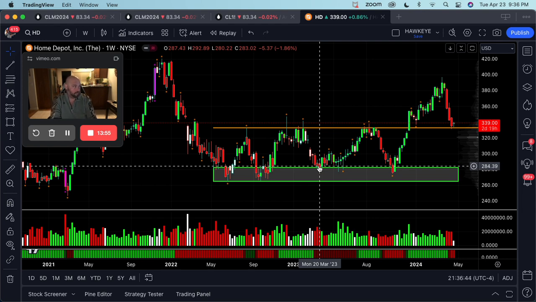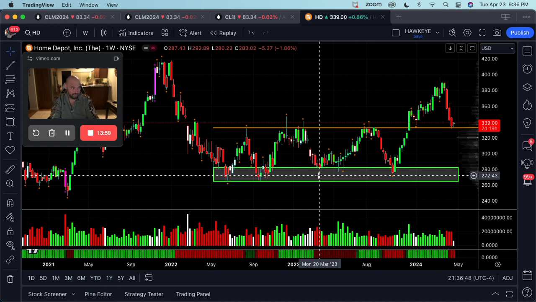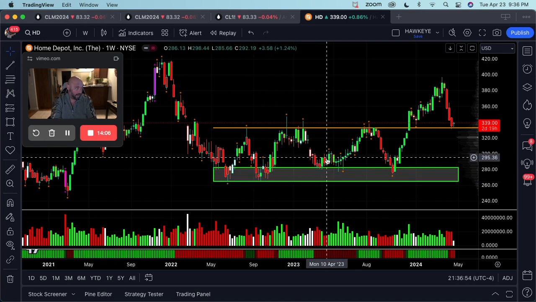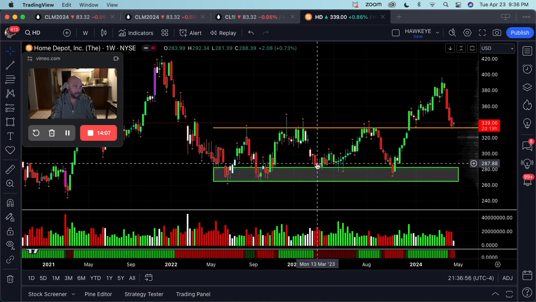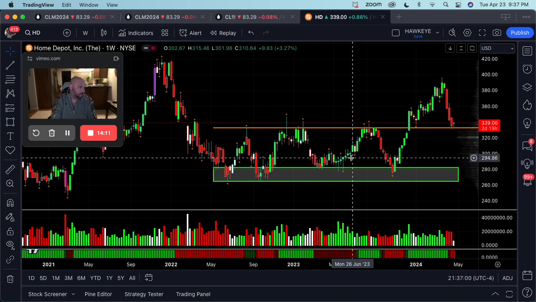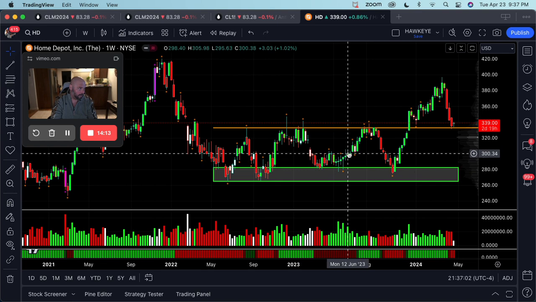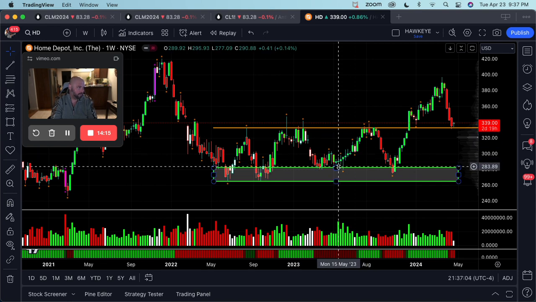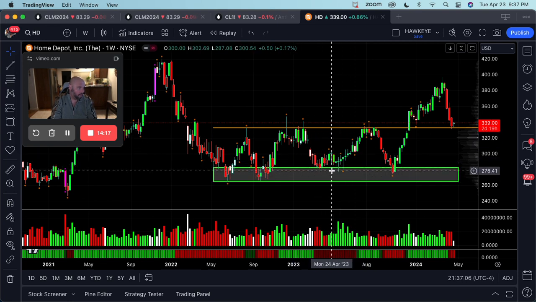Right? I've identified support or demand. I've identified price action. I've identified volume. Right? Like now I'm starting to say, okay, there's a chance that I have several components here. There's a chance that buyers are going to step in and try to push things higher. Notice what happens here.